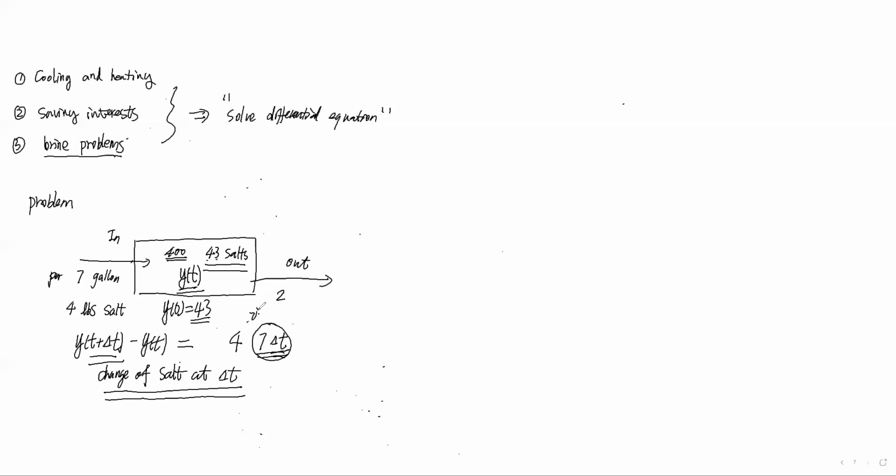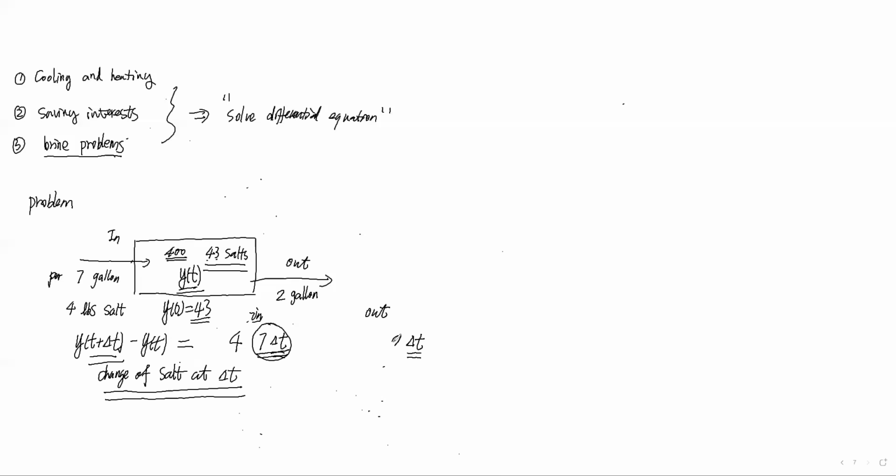And this is in, and then let's compute the out. So out is complicated. Also delta t, right? And also we know per minute, we have 2 gallons of water or brine get out of the tank.